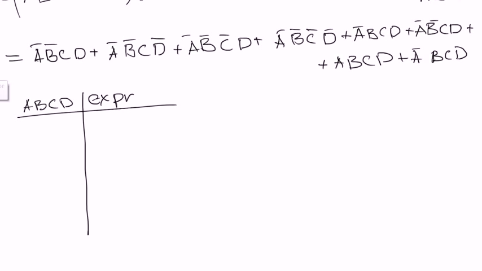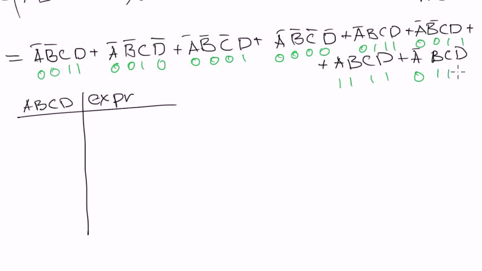So these will be the cases: 0, 0, 1, 1, 0, 0, 1, 0, 0, 0, 0, 1, then 0, 0, 0, 0, 0, 1, 1, 1, 0, 0, 1, 1, 1, 1, 1, 0, 1, 1, 1.